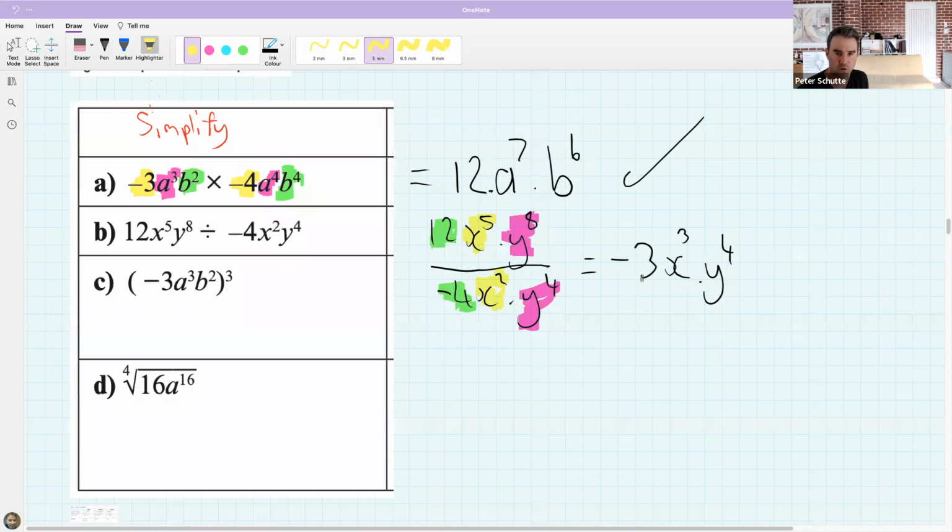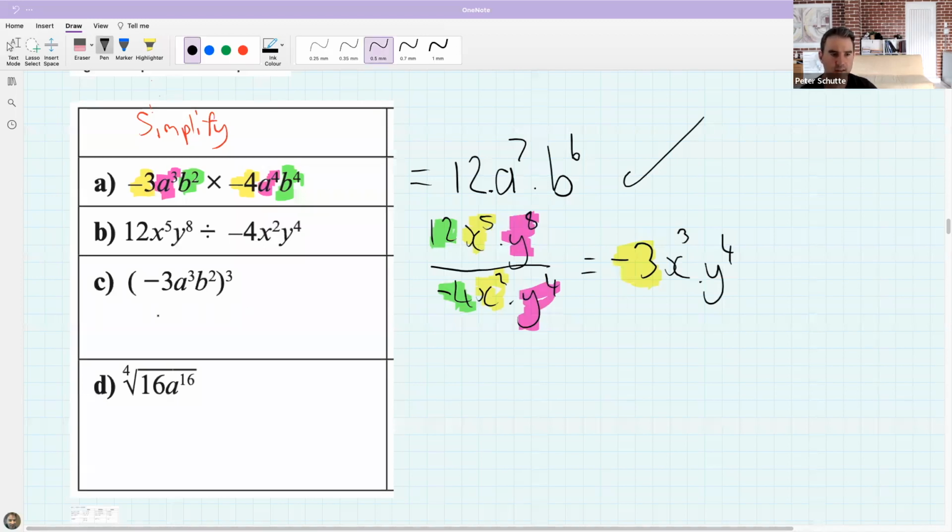I think some of you will have got caught because a positive divided by a negative is a positive. So for the most part, B seems to be okay. Watch out for the -3.